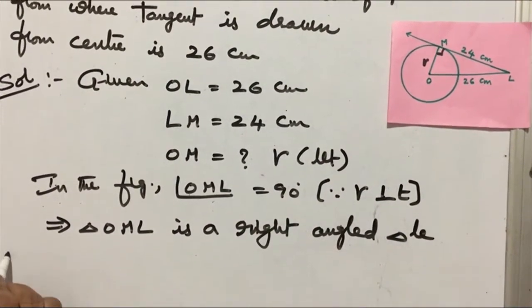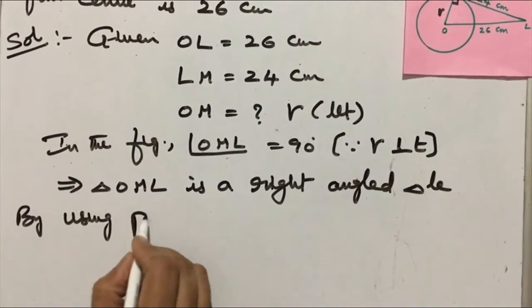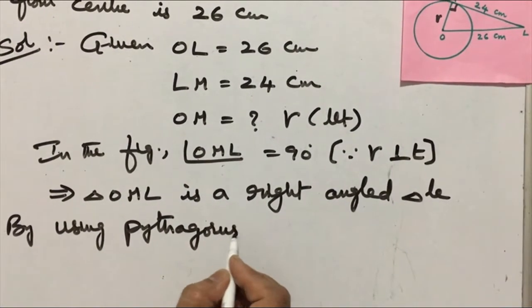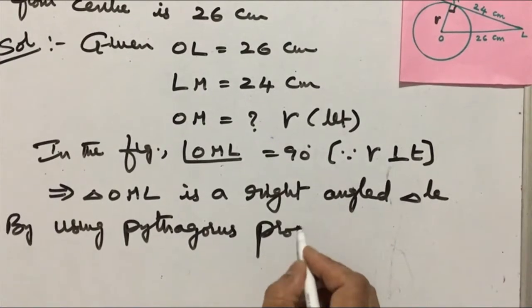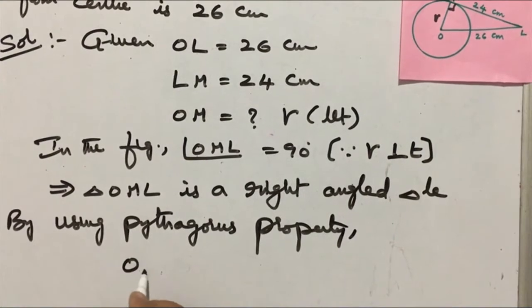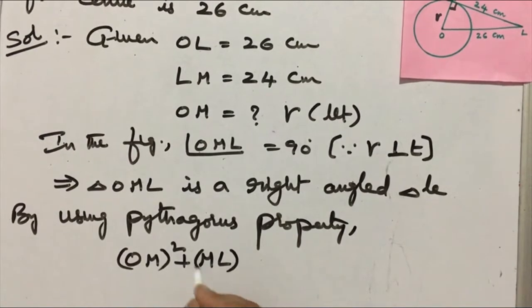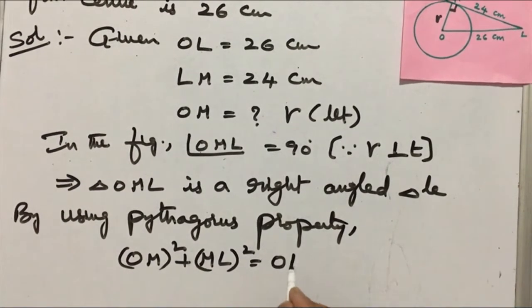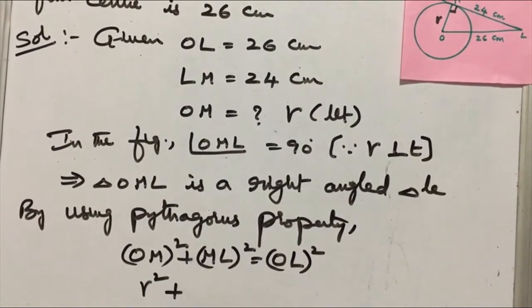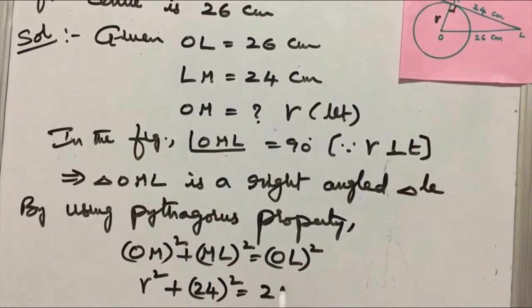Now by using the Pythagoras property, you can write here OM square plus ML square is equal to OL square. So R square plus 24 square is equal to 26 square.